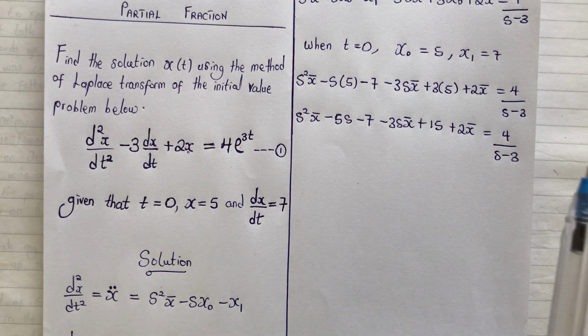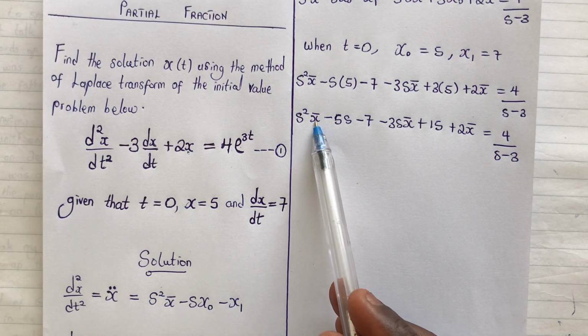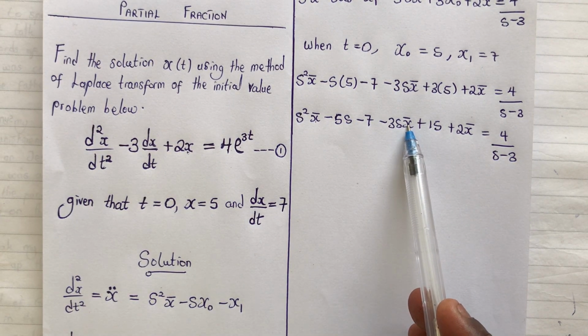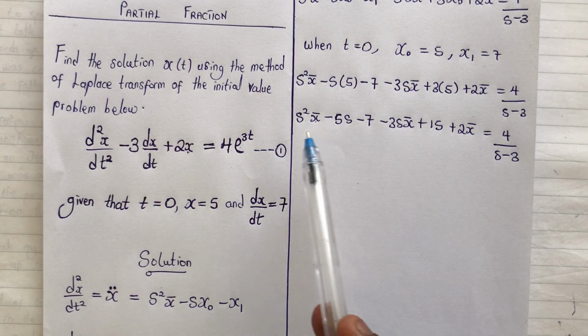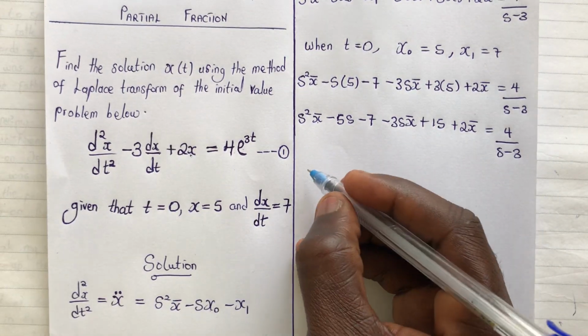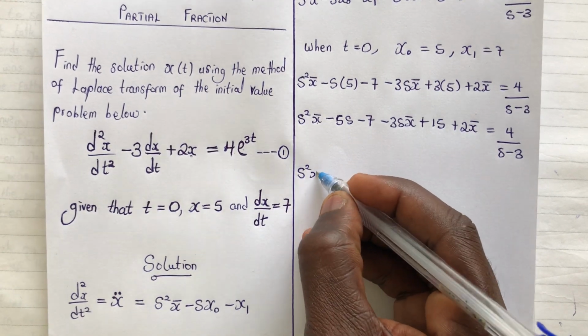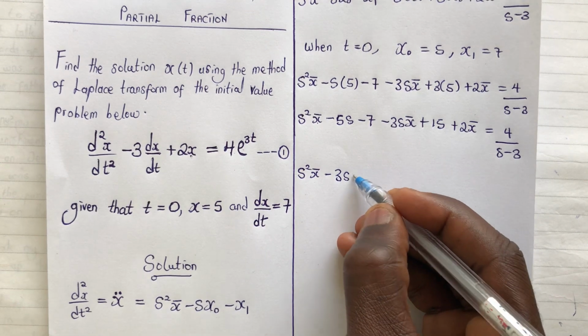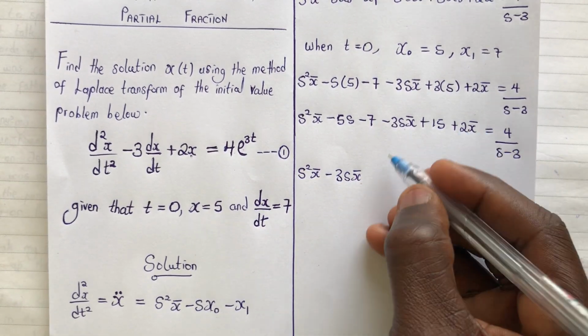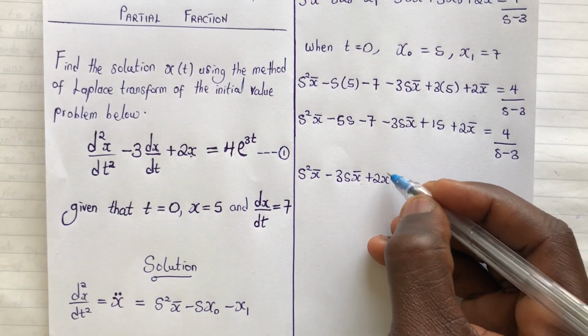Now look at this very carefully. We have x bar here, we have x bar here, we have x bar here. We can group them in one place, let's say the left hand side. Alright, so now let's group. We have s squared x bar, minus 3s x bar, then plus 2x bar.